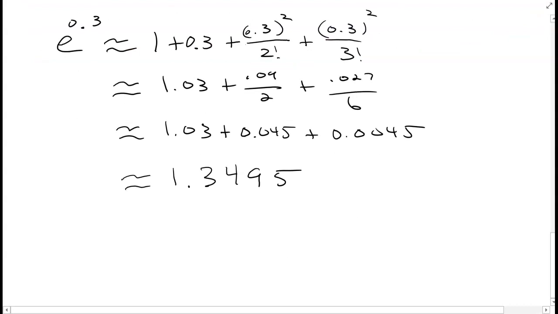Well, if I plug it into my calculator, which you can do, e to the 0.3 is 1.3. Let's bring it to 5 decimal places in the calculator.